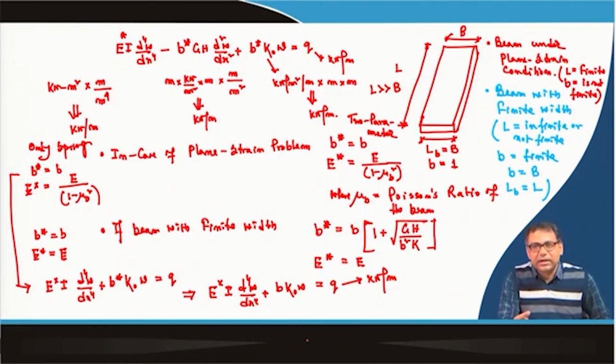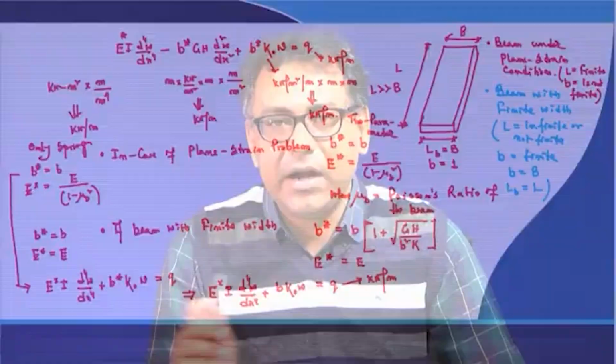But now, in the next class I will discuss how I can solve this general equation for different loading conditions and different beam conditions, I mean whether it is a finite beam or infinite beam, by using a numerical technique, and I will concentrate on the finite difference technique only. So, in the next class I will discuss how these equations can be solved by using the finite difference method.